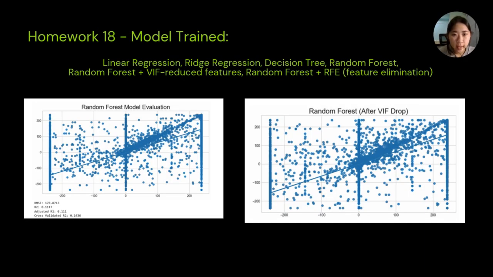So the following slides are the models that I have trained. Because when I crop out the image to put on the slide, the quality isn't so good, so I only put some significant models here. For further details, you can refer to my homework 18 PDF file.